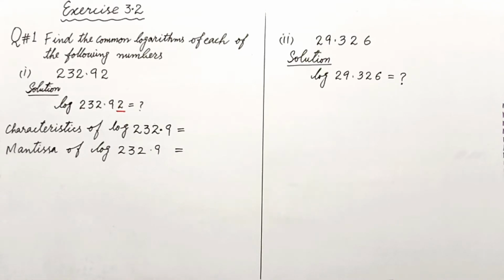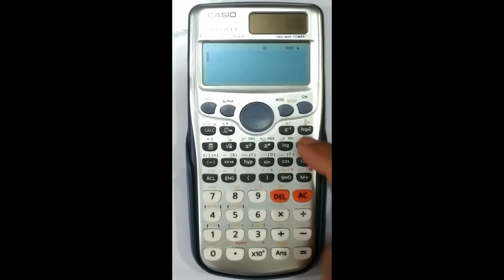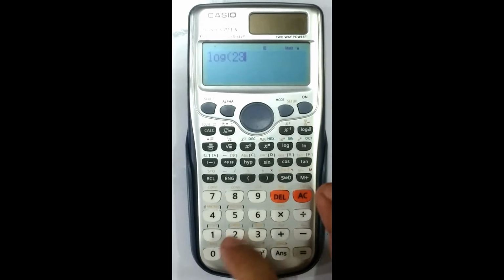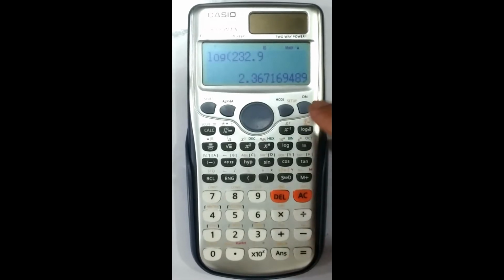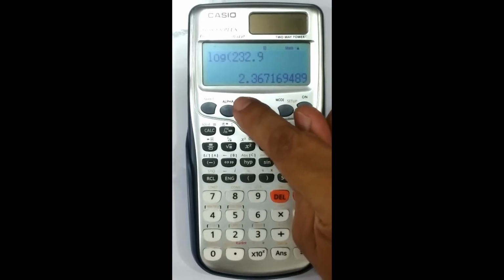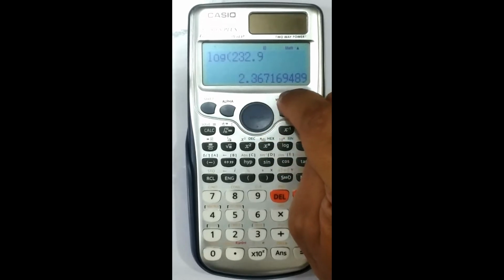When we use a calculator, we press the function of log, and then the number whose logarithm is required, and that in this case is 232.9. After pressing log 232.9, we press equal, and we get 10 digits in the display, and that is 2.367169489.